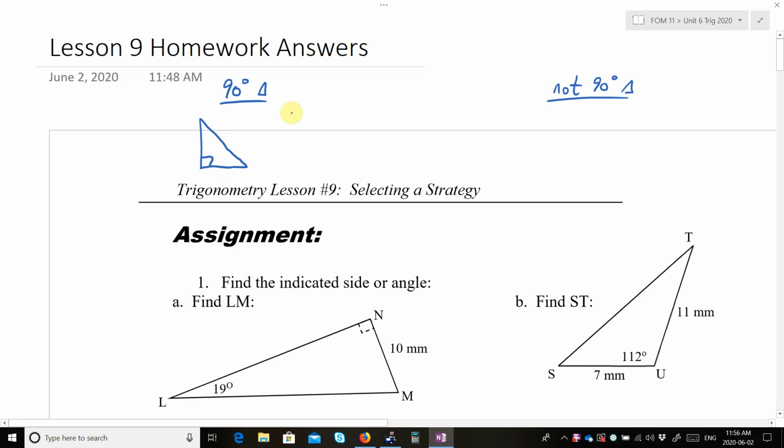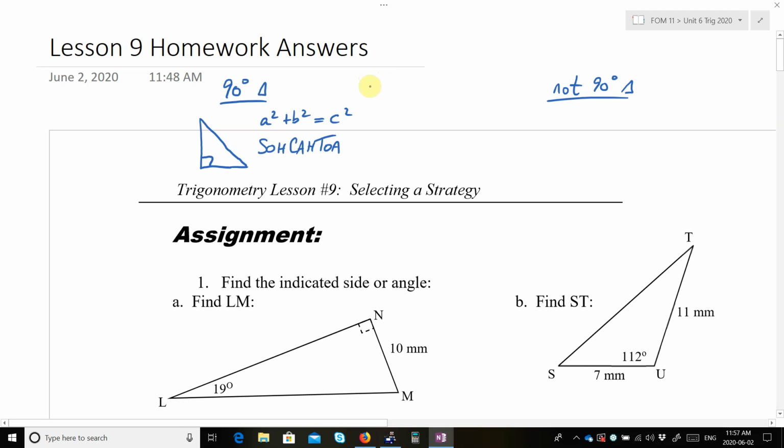If you have that kind of triangle, there are two things you can use: the Pythagorean theorem, a squared plus b squared equals c squared, or the primary trig ratios, SOHCAHTOA. And you can actually also use angle sum of triangle equals 180.